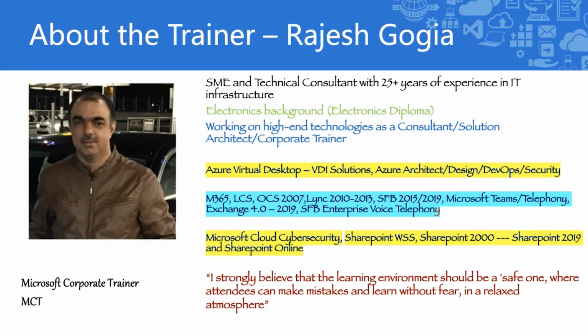I come from a background of an electronics diploma, worked in that field for around 5 years, and then jumped into the IT industry. It's been more than 25 years now working in this industry. That's basically a quick one from my side.